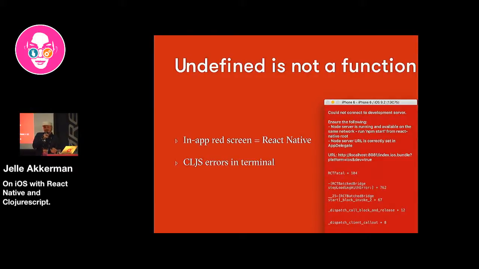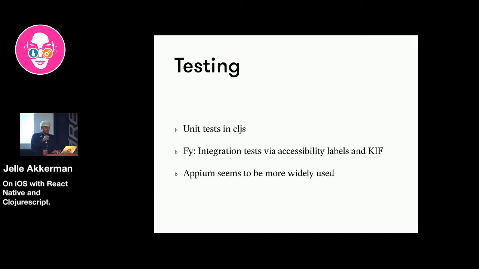There's a nice red screen in React Native, which will show, okay, I couldn't process this component, or there's just a mistake in your JavaScript. And of course, the ClojureScript compile errors would show on the terminal. You can do testing. We don't do it much. Guilty.